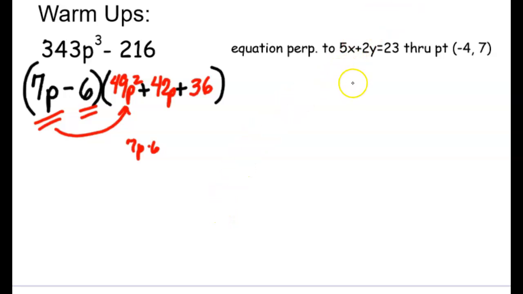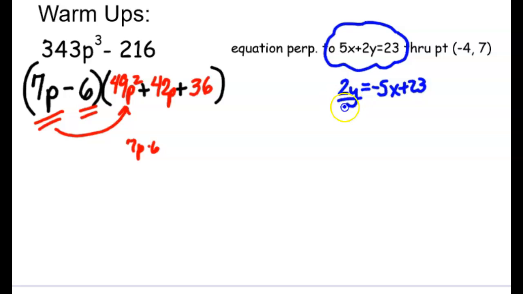Then I promised I'd keep working on 0.3. Equation perpendicular to this through this point. Okay, I was really cruel today because perpendicular to that, we don't even know what the slope of this is yet, right? So if we subtracted the 5x over to the other side, and then we'd need to divide everything by 2 to even figure out what the slope is.